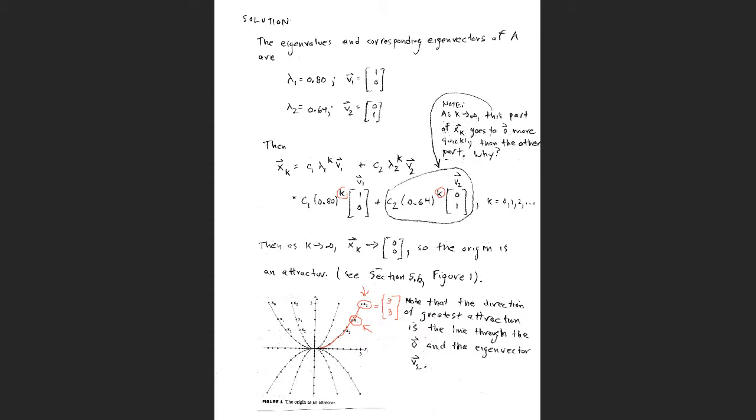But what about these unknown constants? I mean, what I'm trying to say is, to find x sub 1, you would use the formula here for x sub k. It's just k would equal 0.